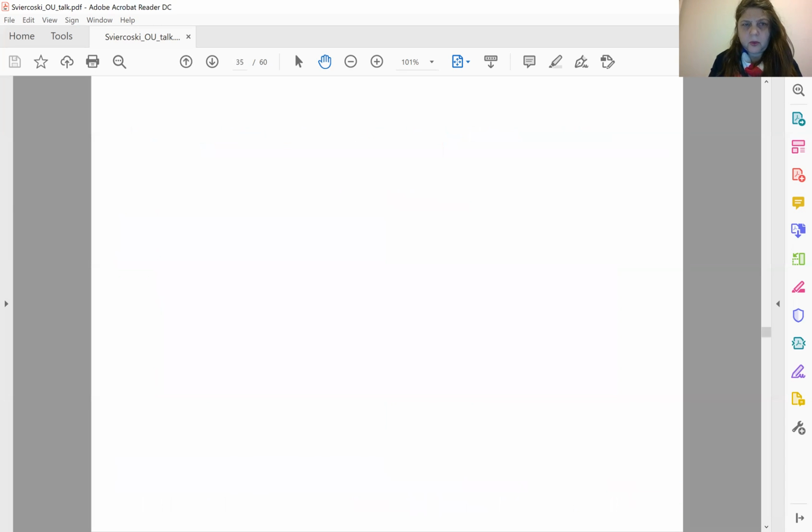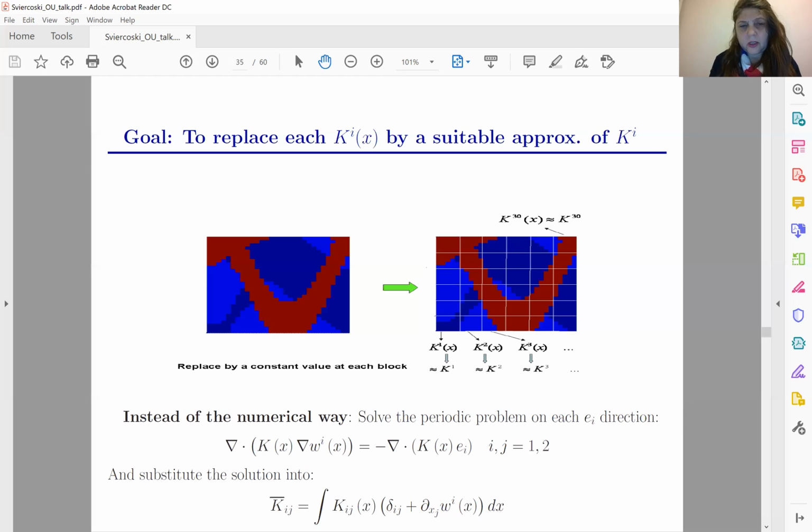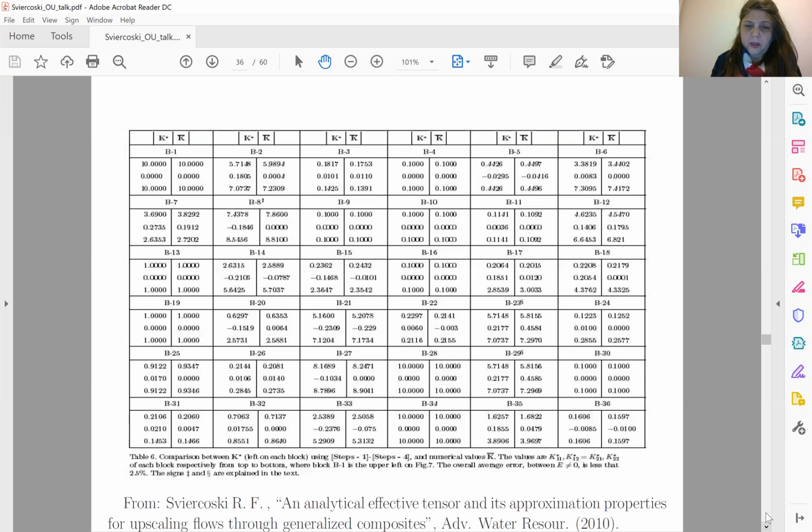But what I want to introduce is how, given a heterogeneity, to substitute this heterogeneous medium with an upscaled coefficient for each part of this domain. And we did some work on it.